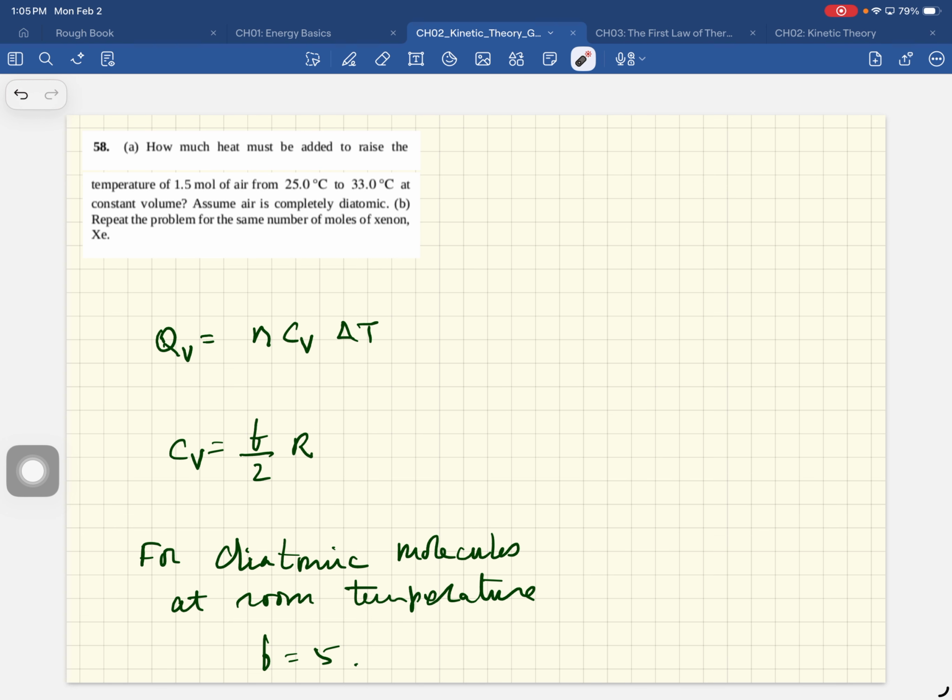So again, the more degrees of freedom there are, the more heat you need to warm something. Why is that?